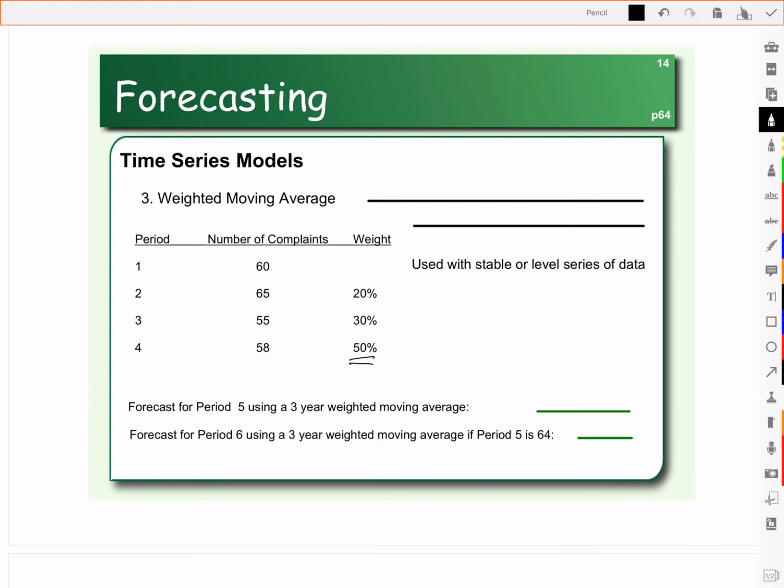All right, so let's look at how a weighted moving average would work. Let's define it first. Here we have a variation of the moving average.